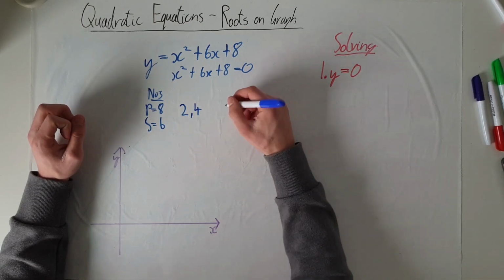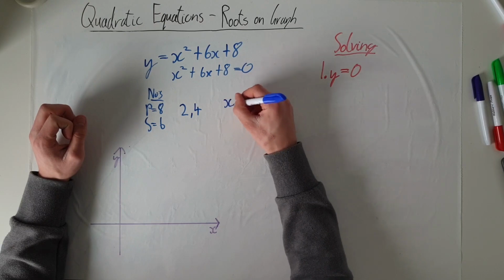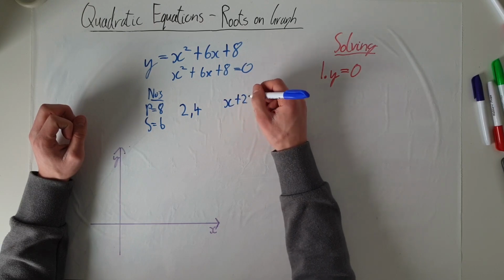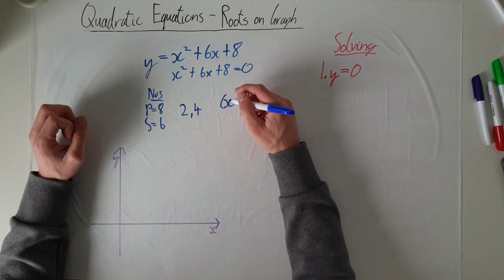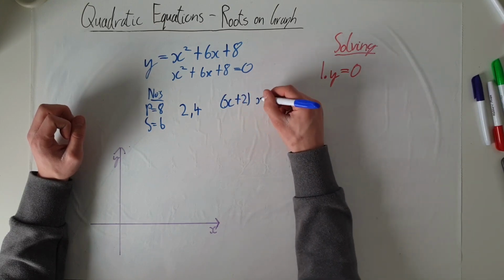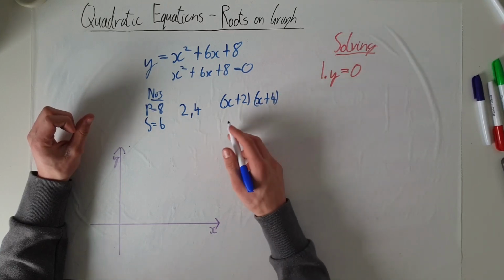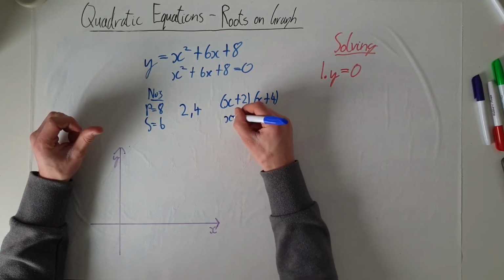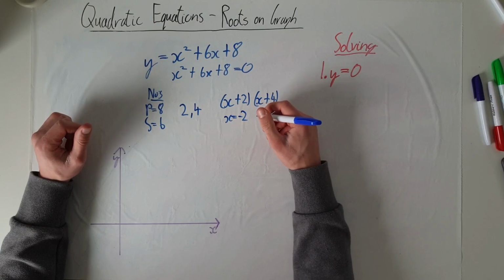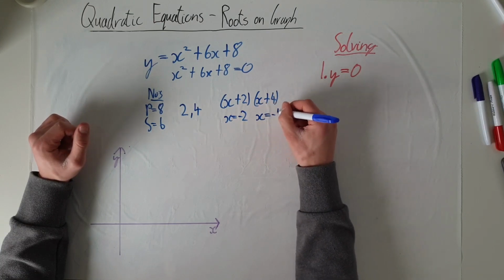So here are two numbers, and then using this like we normally would, we can do x add 2, and then x add 4, and then this would solve to give us x is equal to minus 2, and x is equal to minus 4.